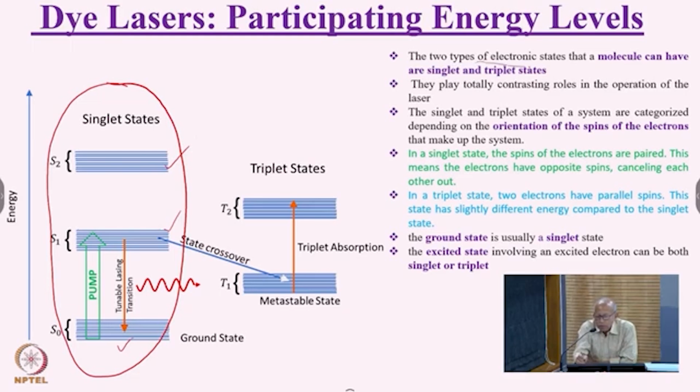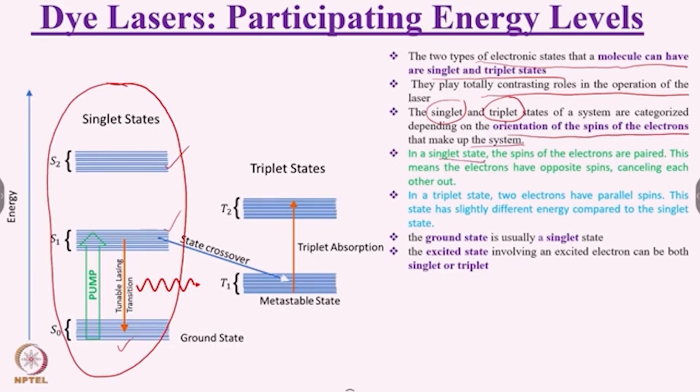The two types of electronic states that a molecule can have are singlet and triplet states. They essentially play totally contrasting roles in the operation of the dye laser. The singlet and the triplet states of a system are basically categorized depending on the orientation of the spin of the electrons that make up the system. In a singlet state, the spins of the electrons are paired.